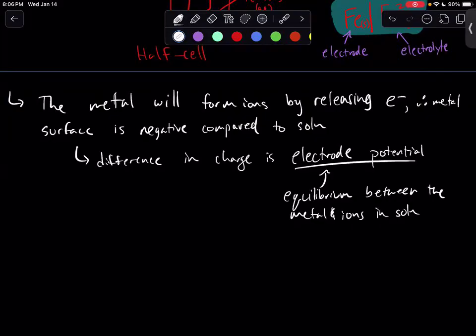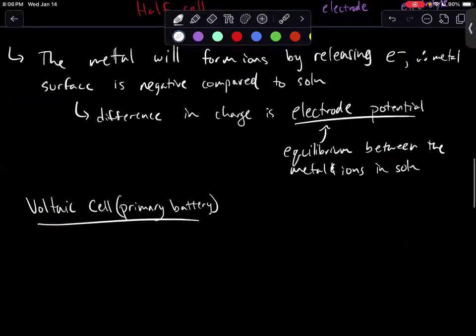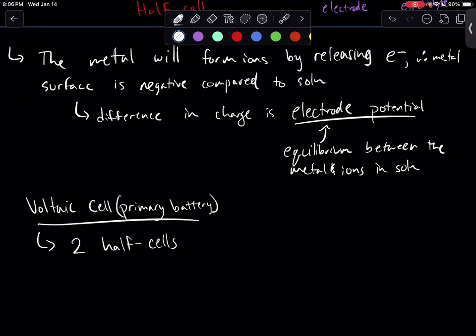So to create a true voltaic cell, which is also, remember, a primary battery, what you need is your two half cells. So you have two of those half cells together, and those are, once again, connected with wire because you need something to conduct the electrons.